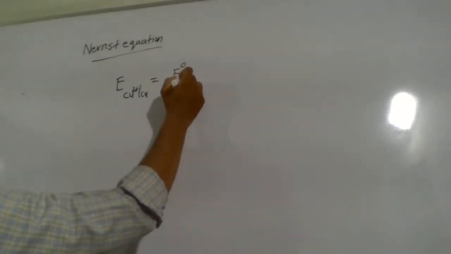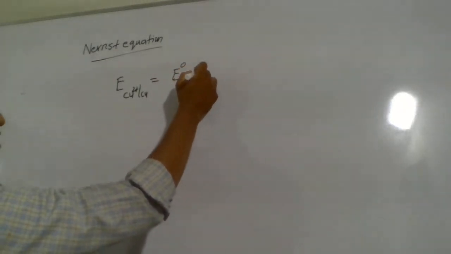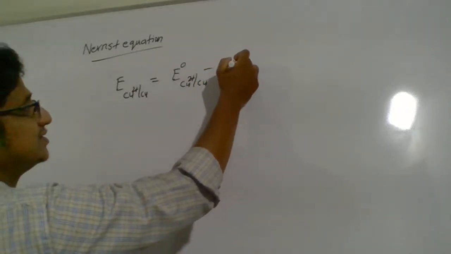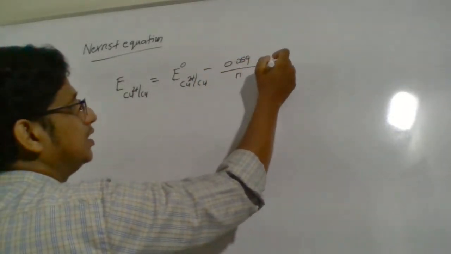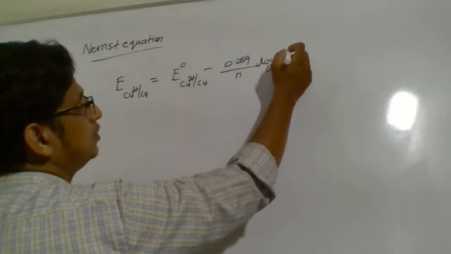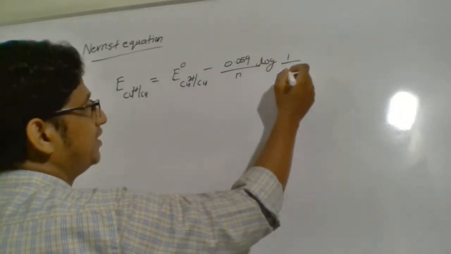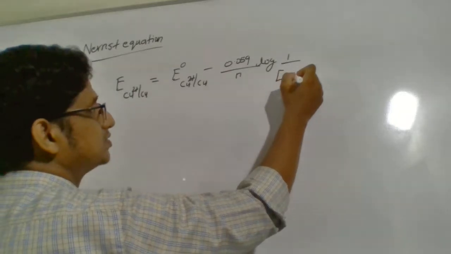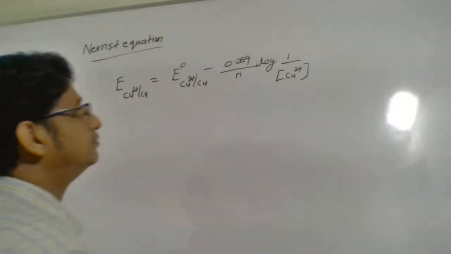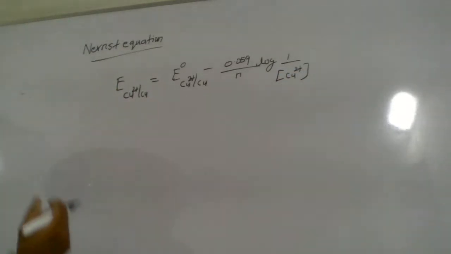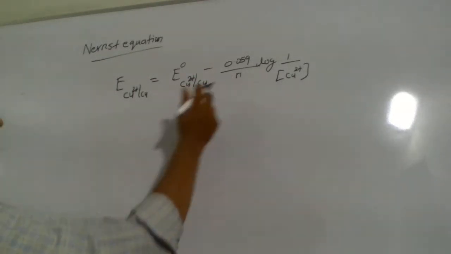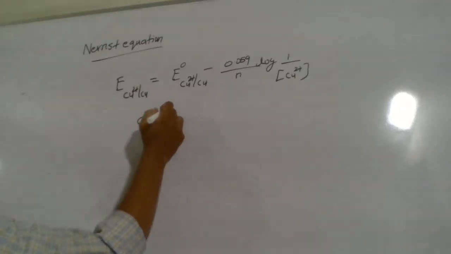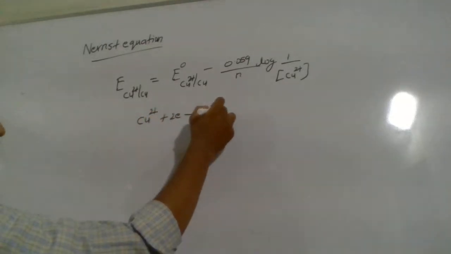So what is our equation? E Cu2+|Cu, the electrode potential of copper, is equal to E0 Cu2+|Cu, the standard electrode potential of copper, minus 0.059 divided by n log 1 by the concentration of metal, which we take as unity, so Cu2+. This you can apply. Here n will be equal to 2 because the number of electrons involved is Cu2+ plus 2 electrons gives Cu.